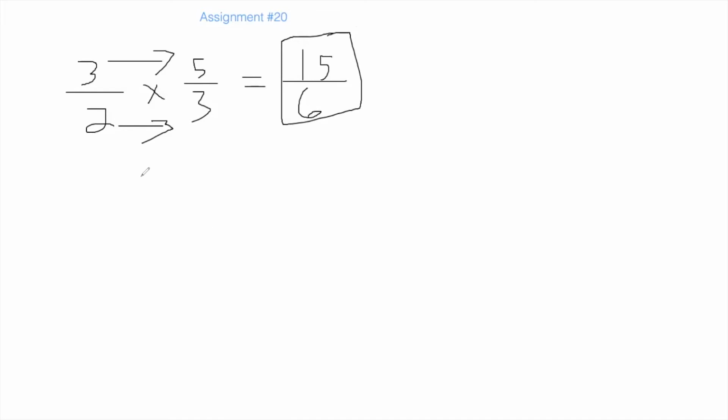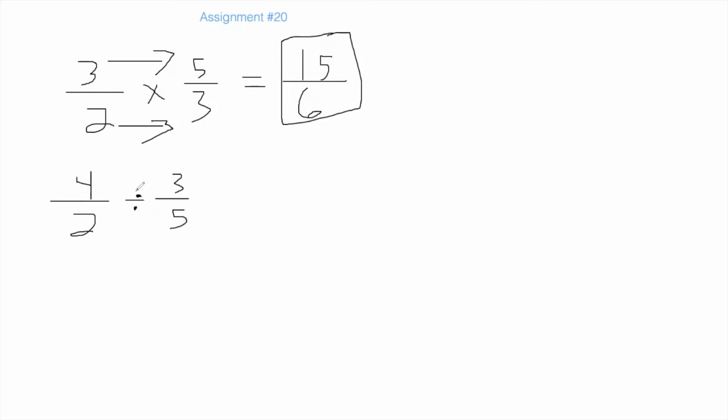So when you're multiplying and dividing, the bottom numbers do not have to be the same. It could be any numbers because all you're doing is multiplying across. Same thing when you're dividing. Let's say we have 4 over 2 divided by 3 over 5.